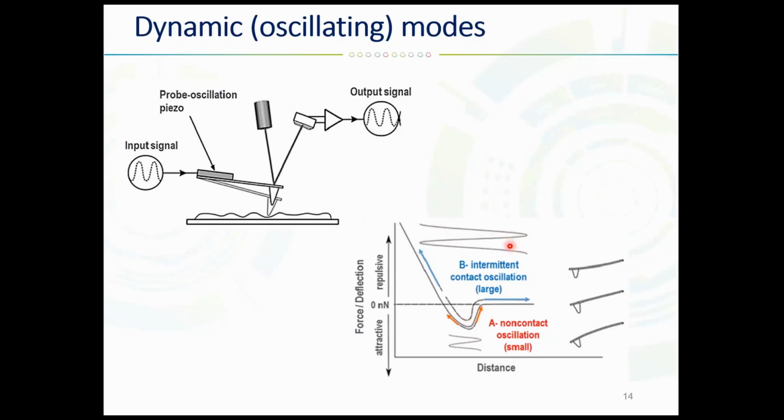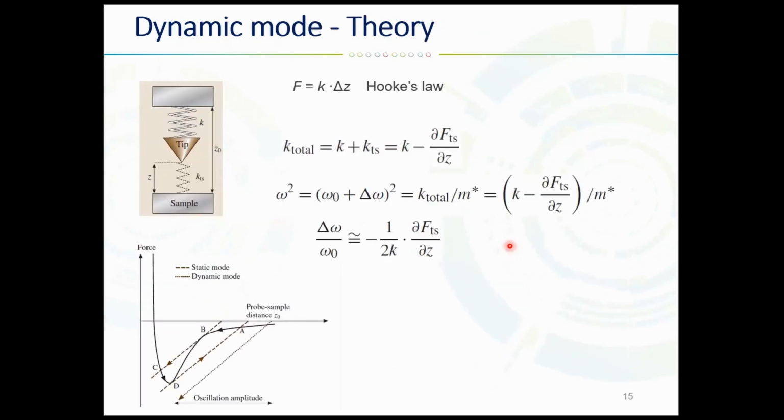Okay, so this is just a general introduction, and now let's go to the equations. To get a basic understanding of the underlying physics of the dynamic mode, let's simplify the system.